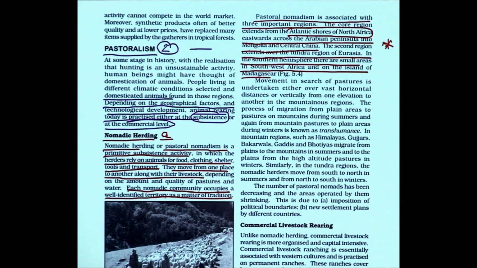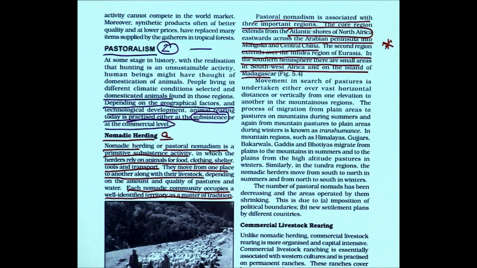If I have to take nomadic herding, I am largely correlating it to which type of people? Primitive people. What is the characteristic of nomadic herding? Nomadic herding is where natural pastures are the support system for animals and humans are dependent on the animals for almost every requirement.